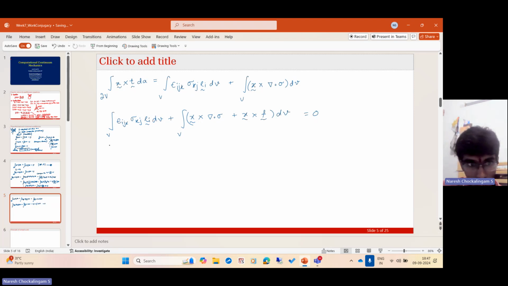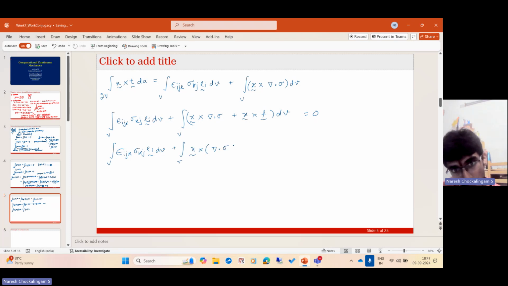From these two terms, x cross can be taken out commonly, and inside you get del dot sigma plus f, dV, equal to 0. But what is del dot sigma plus f?